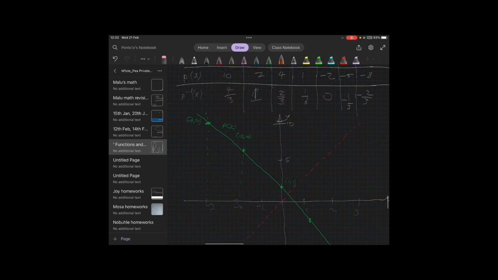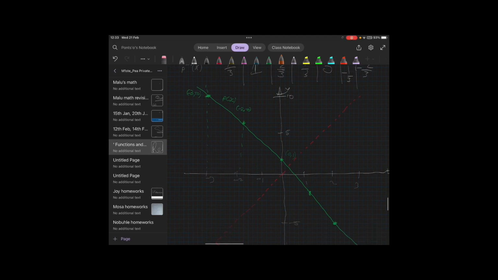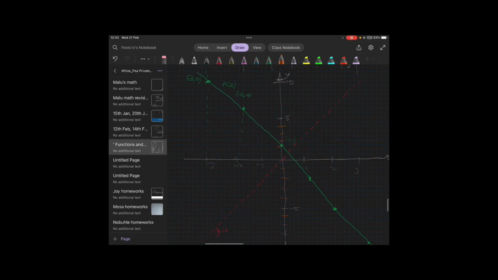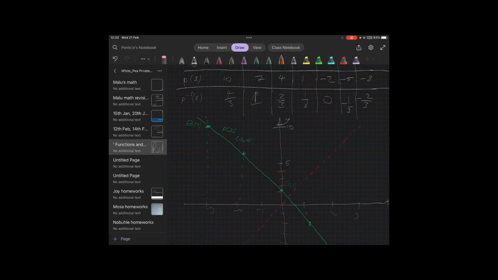And then to plot the other one, at negative 3, we've got 1 and 1/3. So 1 1/3 is just above 1.